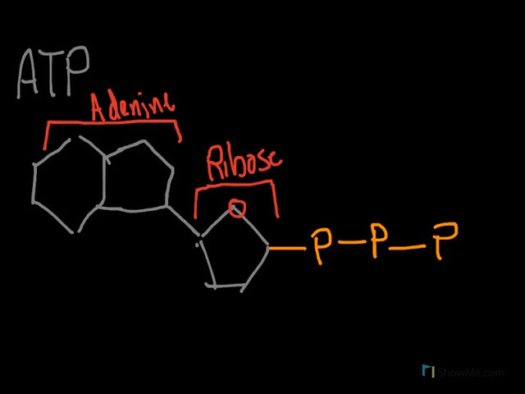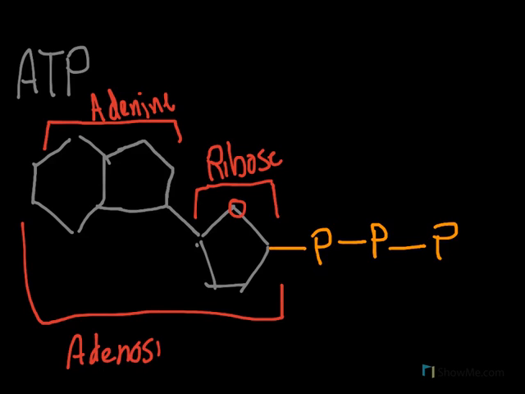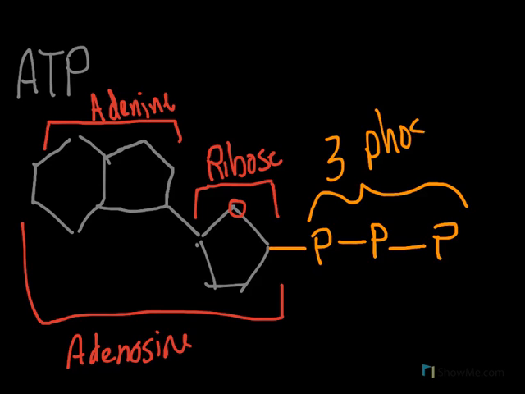Both the adenine and the ribose together are what's called adenosine. And then we have our three phosphate molecules, and that makes up the adenosine triphosphate.